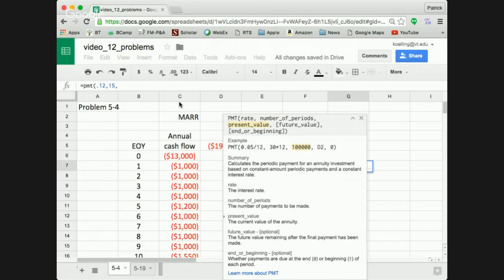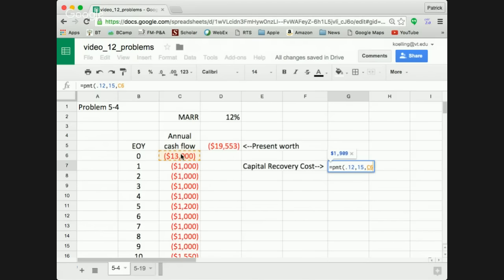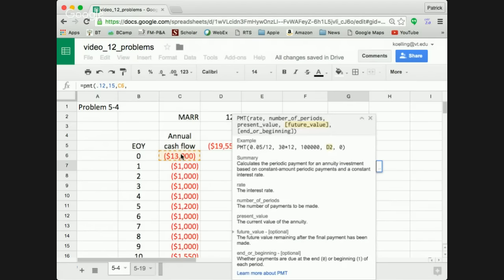The third argument is the present value. Well, the present value is the investment of negative $13,000. And the next argument is the future value, which is the market value at the end of the life of the project.